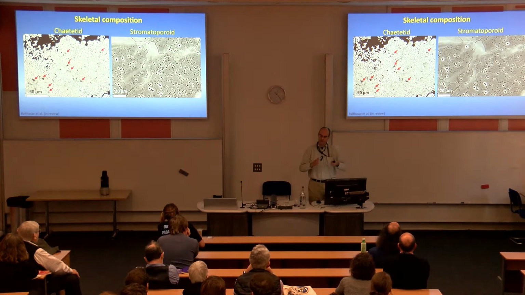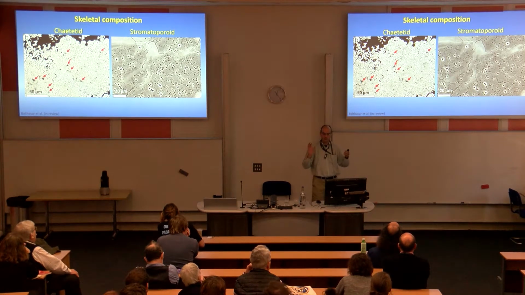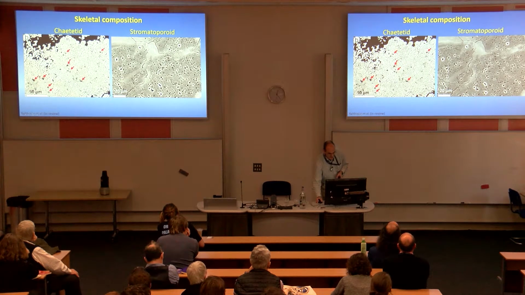They're all, the skeletal walls are extremely porous. Here's the ketitid, also porous, but you also see a speckled, very dirty appearance. And all of these red arrows point to microdolomite inclusions. There's also microdolomite in here, but it's not so well visible in this image.